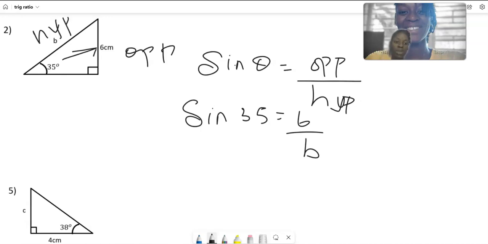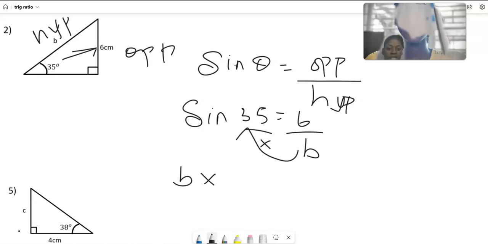Again, you can cross multiply, or you can move. And when it involves a fraction, whether it's unknown or known, you always have to get rid of that fraction that involves the unknown. So if we have divide by B, when we move B to the other side, we'll multiply. So now we will have B times sine 35 equals 6.